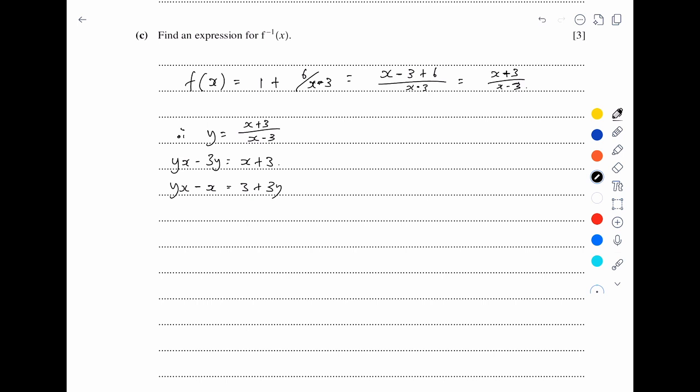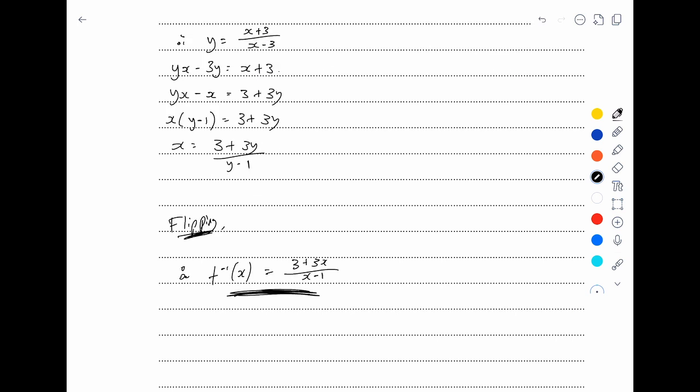From here, x times y minus 1 is equal to 3 plus 3y, which means that x is equal to 3 plus 3y over y minus 1. Swapping roles now, y is equal to 3 plus 3x over x minus 1. And so therefore the inverse of f(x) is equal to 3 plus 3x over x minus 1.